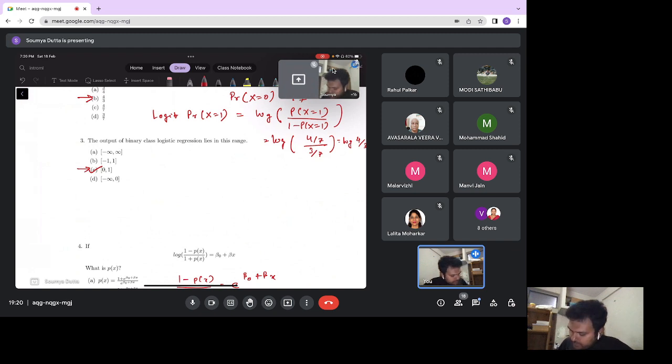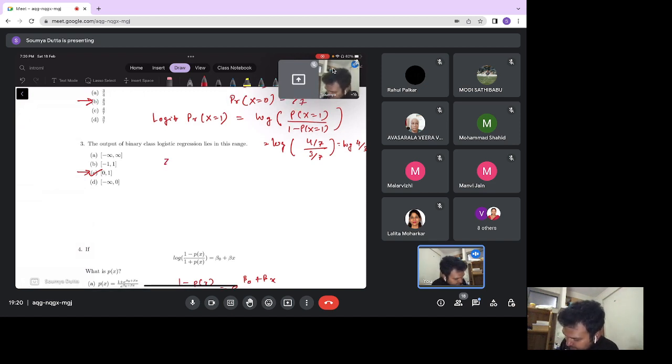For 3, what happens is, as I said, for logistic regression you would learn something. Let's say you have learned Z, which is beta 0 plus beta x, some linear function.